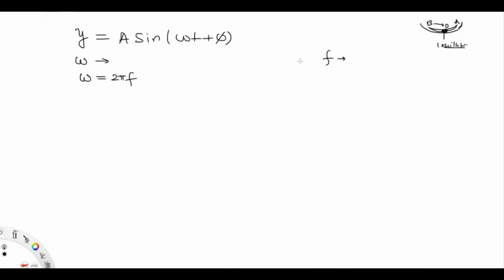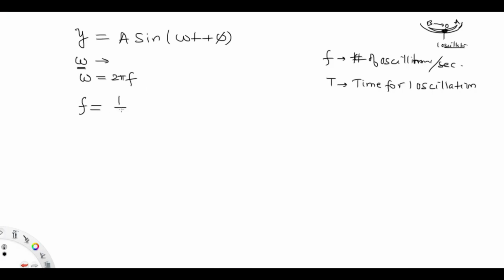So frequency is how many such oscillations are completed in 1 second, the number of oscillations per second. The angular frequency is how much angle it makes in 1 second. We also know the time it takes to make one complete oscillation is the time period. So T is the time for one oscillation, and the relationship between time period and frequency is f equals 1 over T.